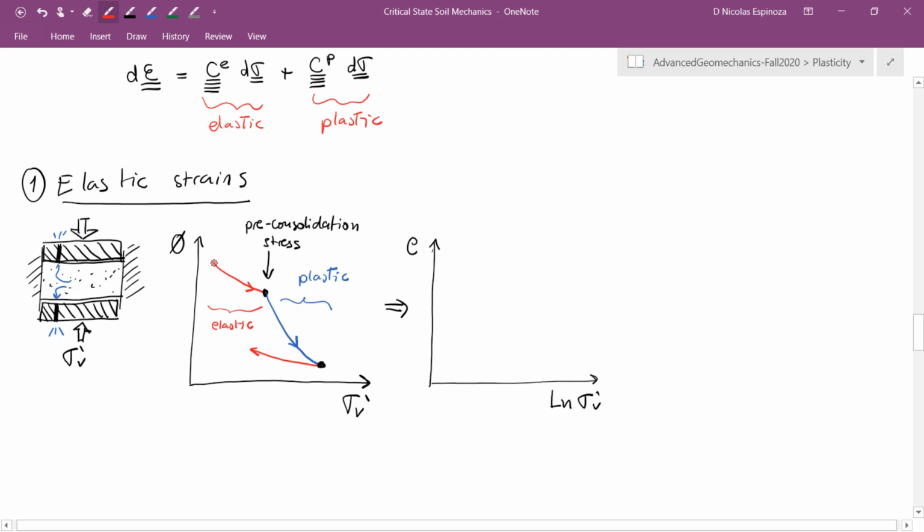Notice, let me increase this a little bit to the left so I show that there is some curvature. So when I transform this into a logarithmic scale, this is going to look like this. This is going to be the path of loading. This is going to be my pre-consolidation stress. And this is going to be the part of the plastic loading, or what is also called the virgin compression. And again, here I have my pre-consolidation stress.